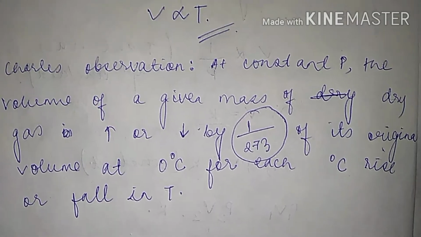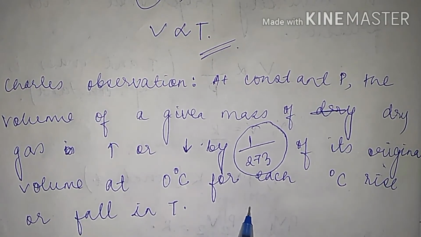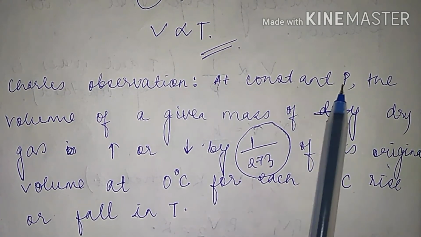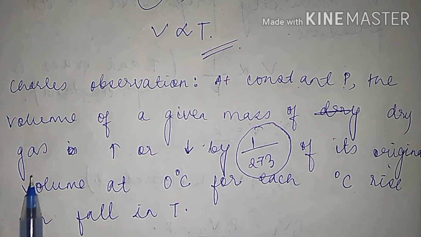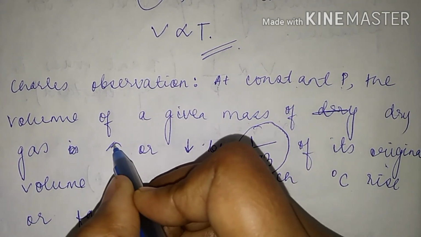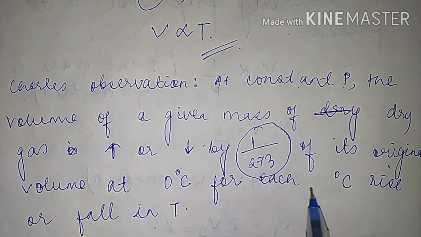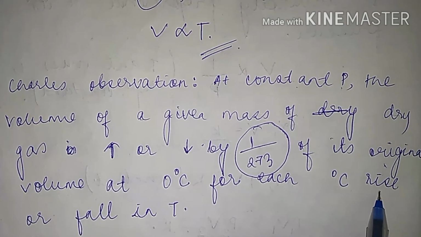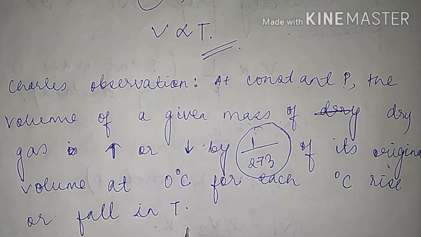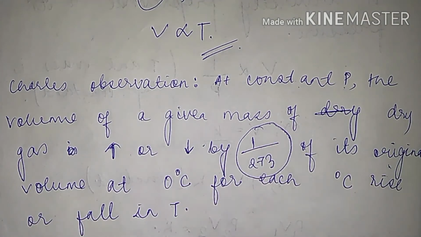Now coming up to Charles' observation, this is very important. It states that at constant pressure, the volume of a given mass of a dry gas increases or decreases by 1 by 273 of its original volume at 0 degrees Celsius for each degree Celsius rise or fall in temperature. What does this entire thing mean?